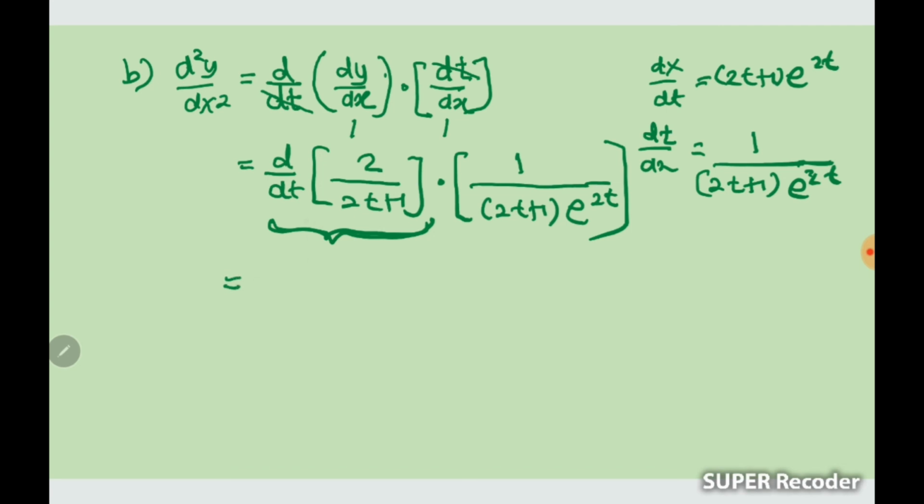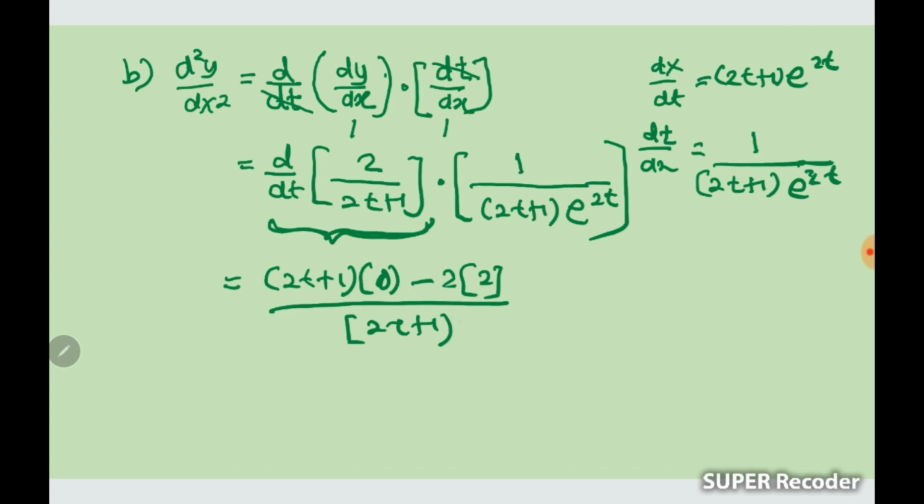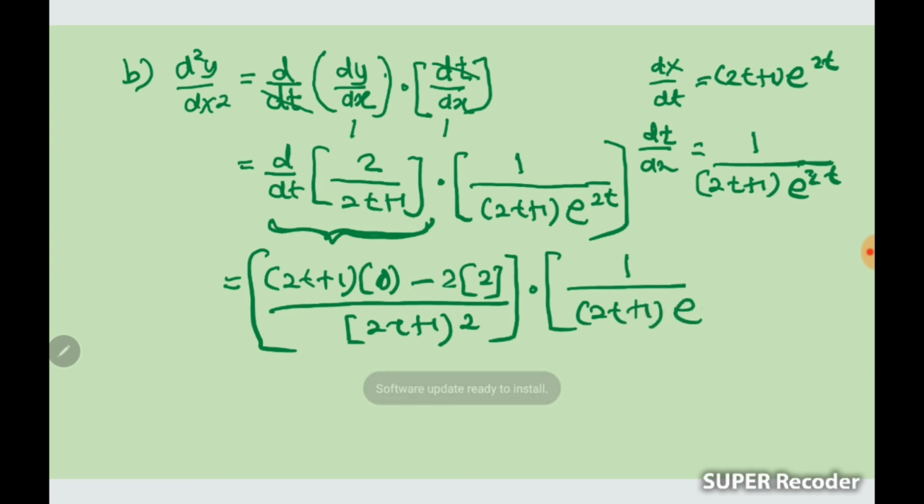Copy 2t plus 1, differentiate 2, the answer is 0, minus 2, differentiate 2t plus 1, the answer is 2, over (2t plus 1) squared. This is the derivative of dy/dx. Then you need to multiply with 1 over (2t plus 1) multiplied with e to the power of 2t.